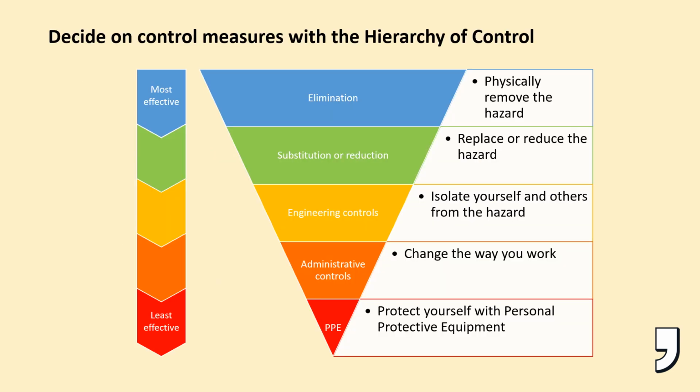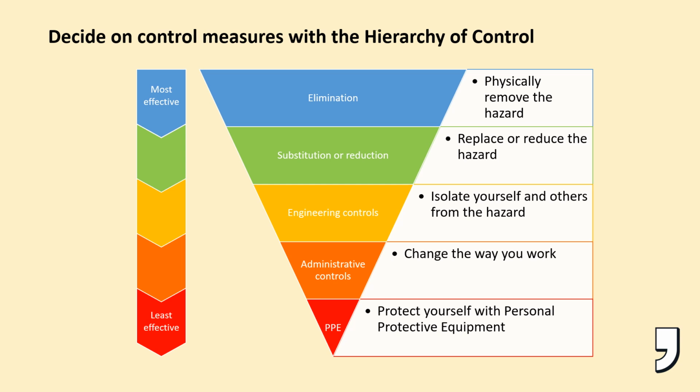Looking at the hierarchy of control, I'm going to use the same example of the charity bike ride as a way of working through this hierarchy. So the first step in the hierarchy of control is elimination. So can we physically remove the hazard? Now, if it is a charity bike ride and there's a set route which involves being on a public road, there's obviously various hazards of being on a public road that we can't eliminate.